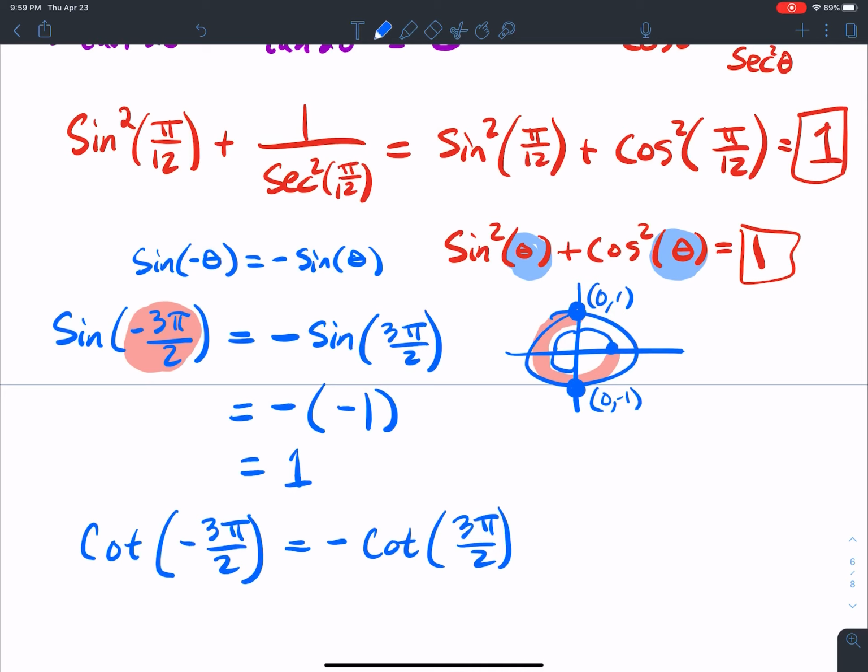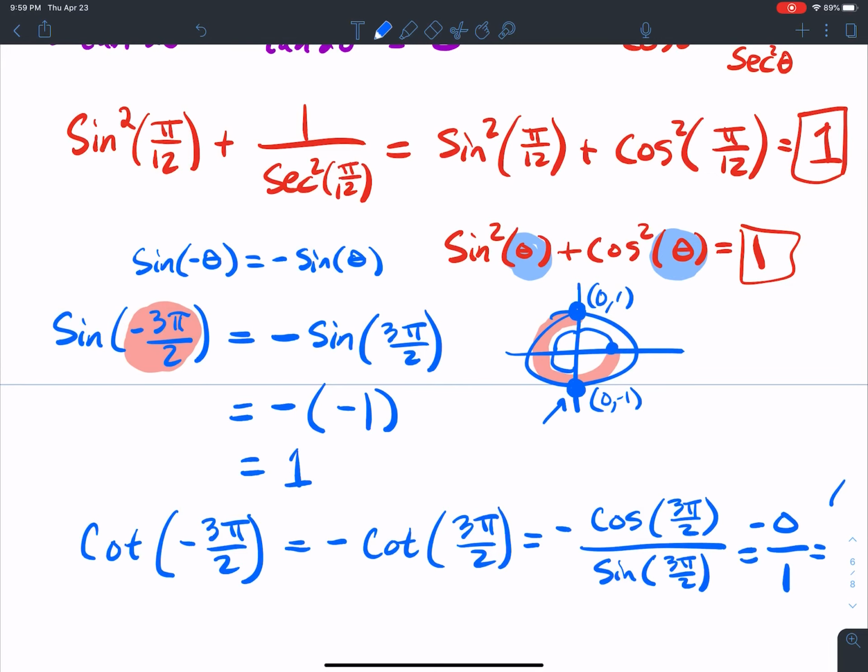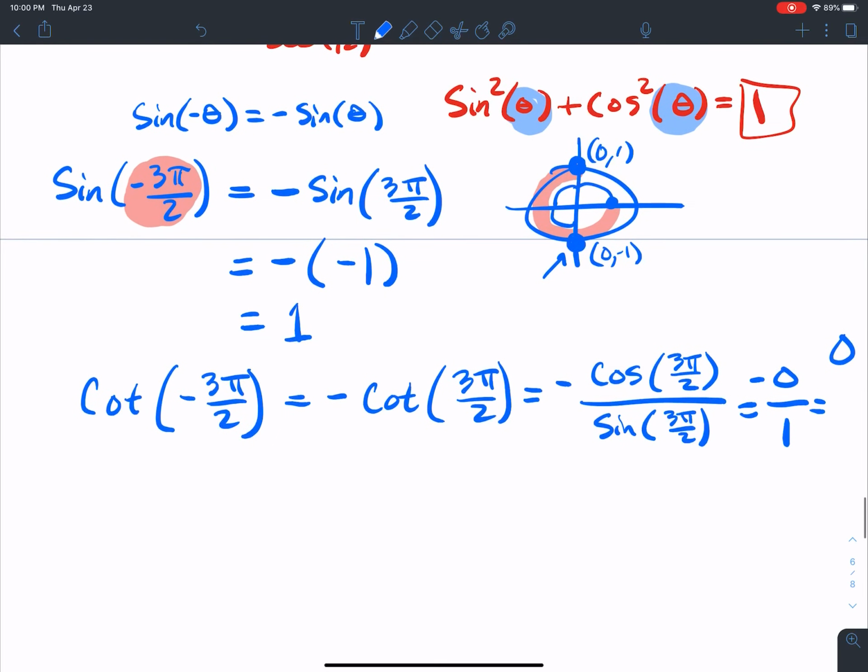Now cotangent, remember, is going to be cosine of 3 pi over 2 divided by sine of 3 pi over 2. And so if I'm looking at 3 pi over 2 here, the cosine is 0 and the sine is 1. So this answer here is 0.